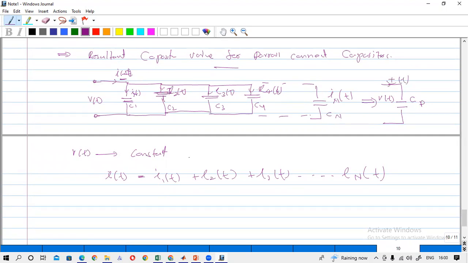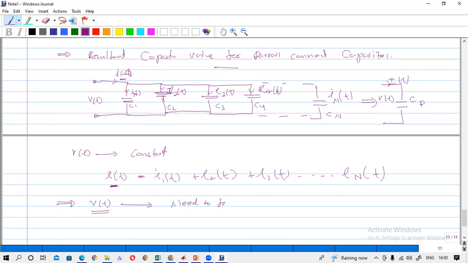So you have to first find the expression for IT for the total one and the expression for IT for this one, and you can equate them. Then you can find it. We know VT because it is constant, and we need to find IT.